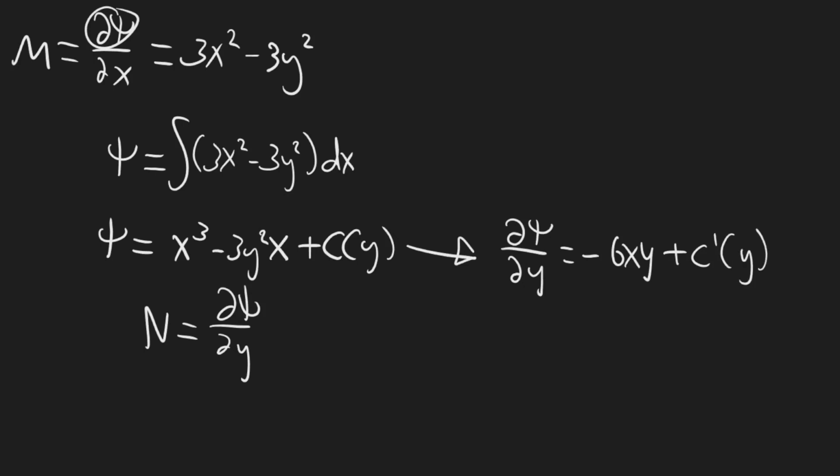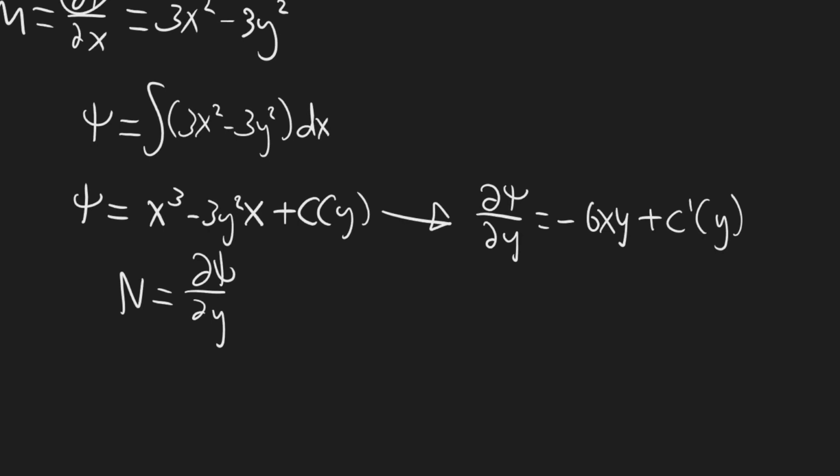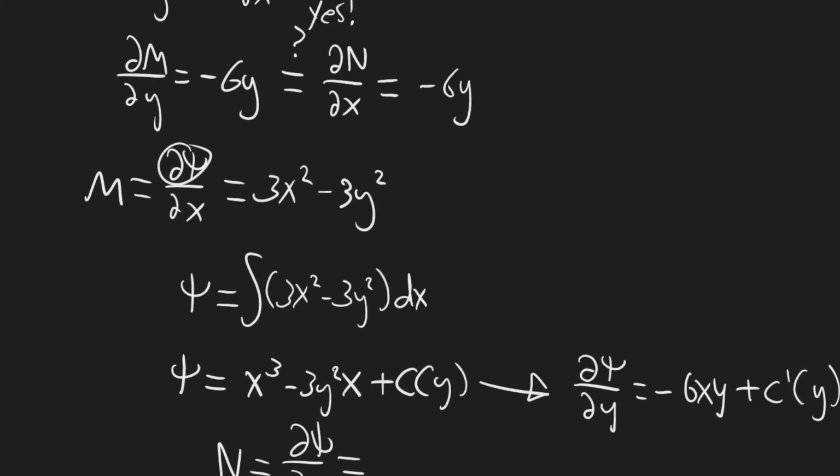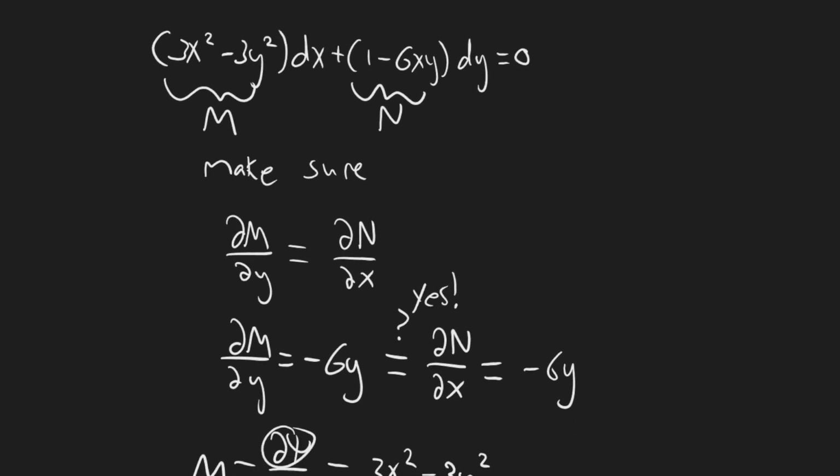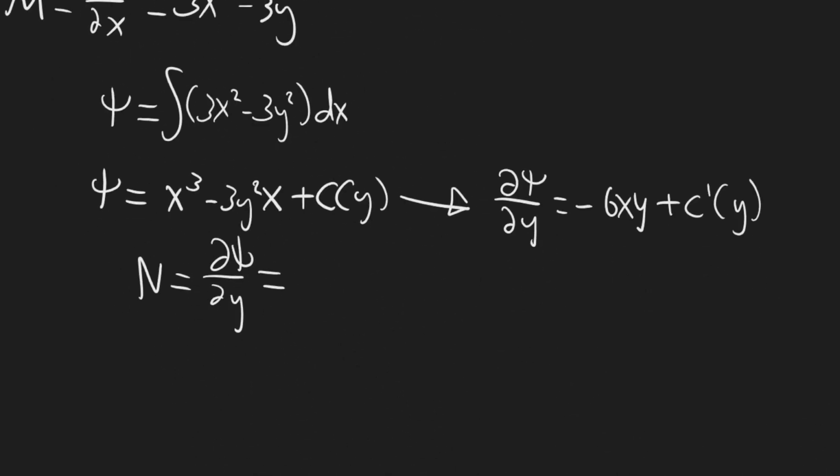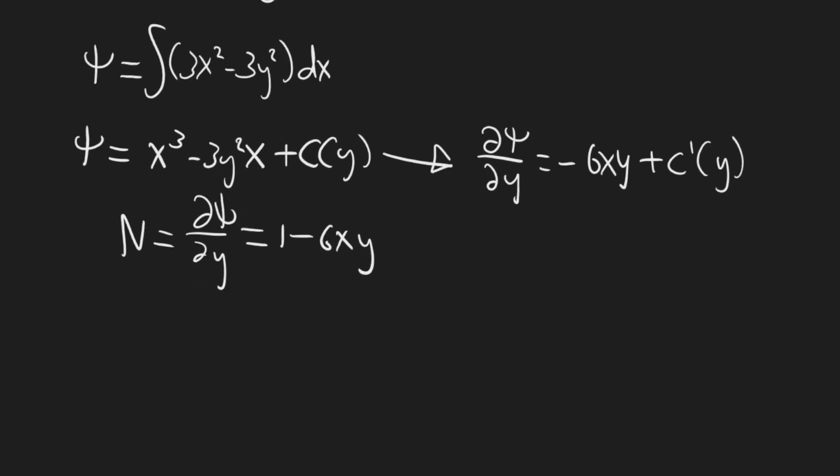Okay, so now based off of the psi that we have created, we have partial psi partial y. But the problem tells us what n is at the very beginning. So n in this case is 1 minus 6xy. So we have two different equations telling us what partial psi partial y should look like.